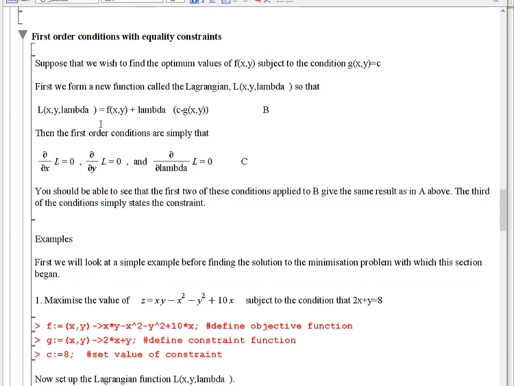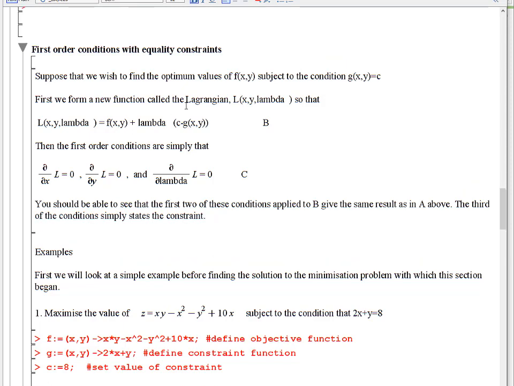So if you differentiate this with respect to x, you find that f_x minus lambda times the partial derivative of g with respect to x is equal to 0.